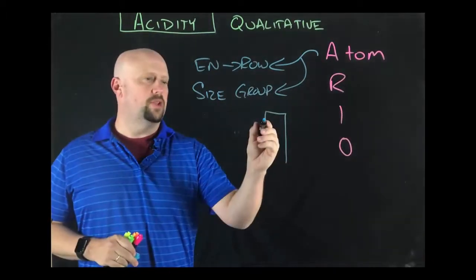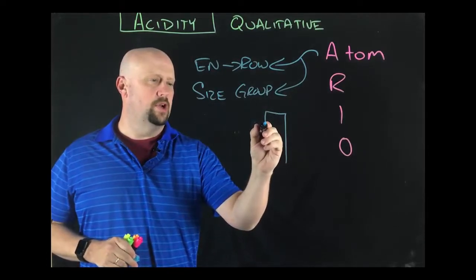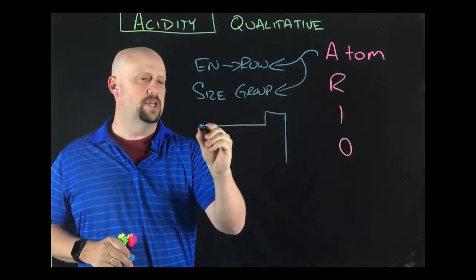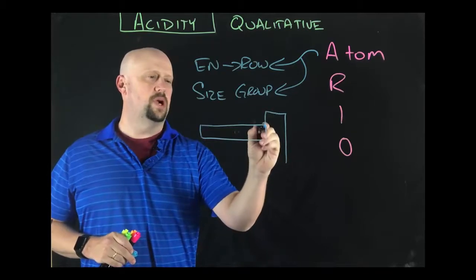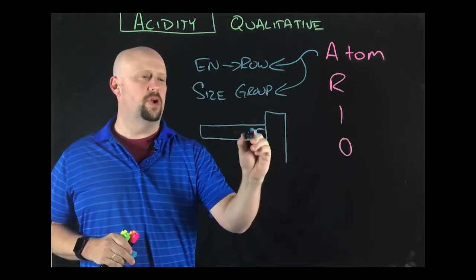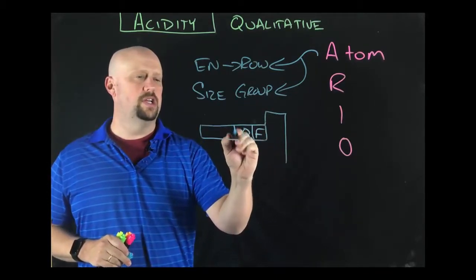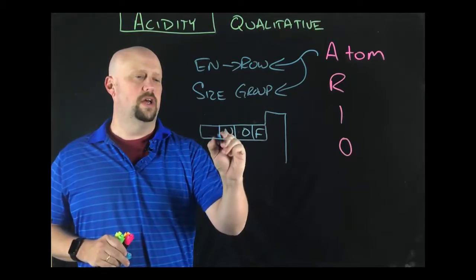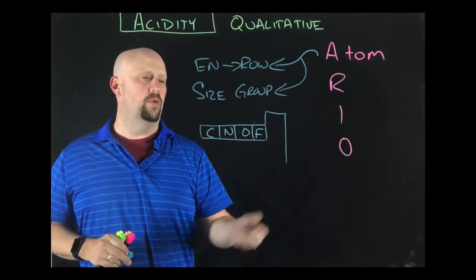So let's draw a quick little miniature part of the periodic table there. Noble gases, obviously we're not real worried about those. Group 2 obviously is where we're pretty worried about things. And so we've got fluorine, oxygen, nitrogen, and carbon, which tends to be where we are really concerned.